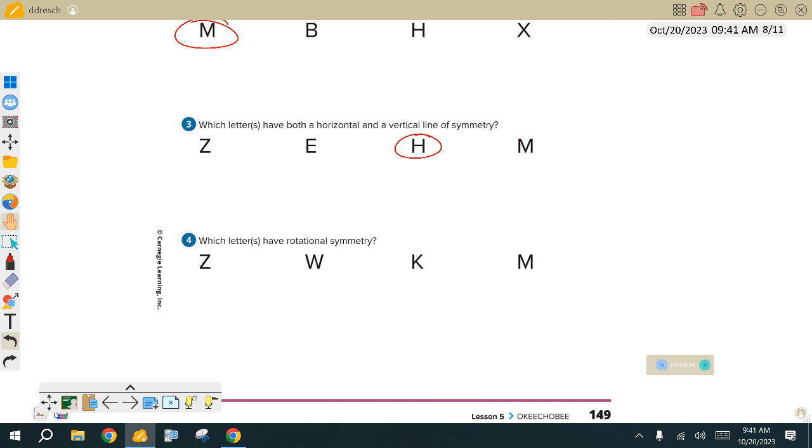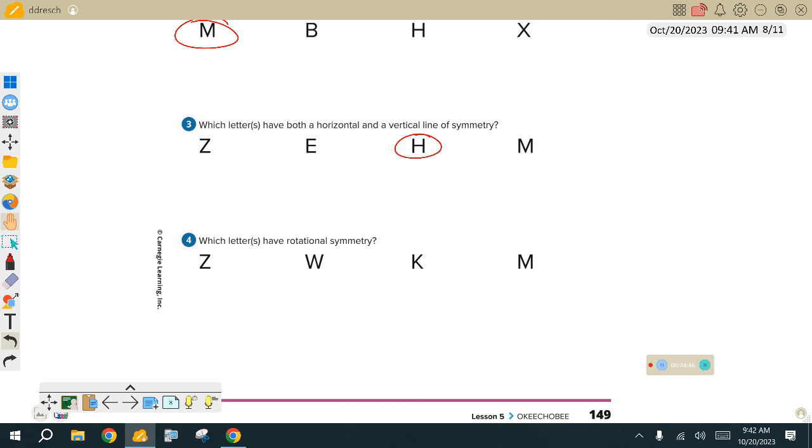180 basically and less. All right. Less than 360. Does Z have rotational? It would have to be, what did it have to be to get Z? Z, I think, has it, doesn't it? Yeah. I think it works.